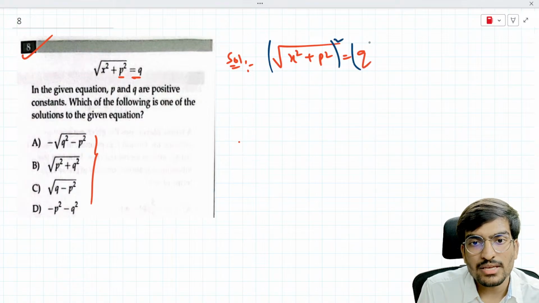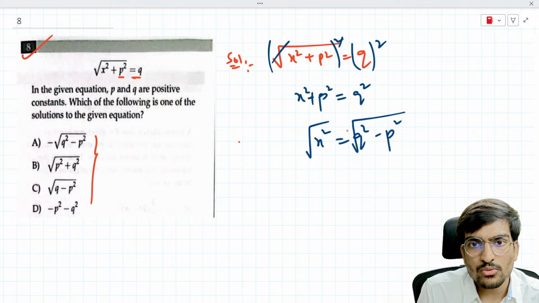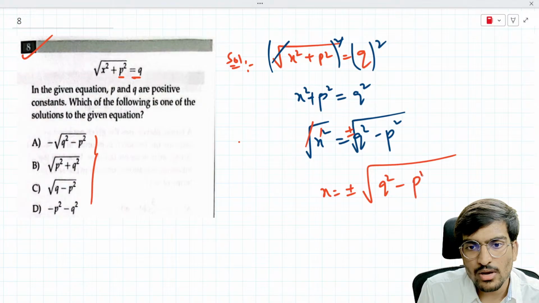That's the main thing. Squaring on both sides, this is done. So x square plus p square equals q square. X square equals q square minus p square. So square root on both sides. When you square root, this becomes plus or minus: x equals plus or minus root of q square minus p square.